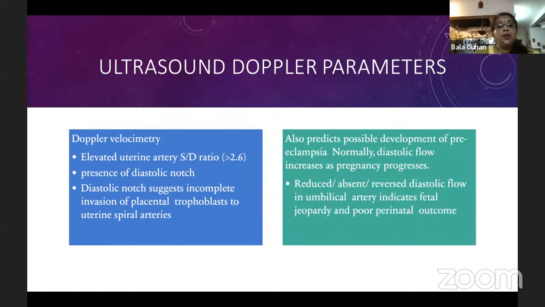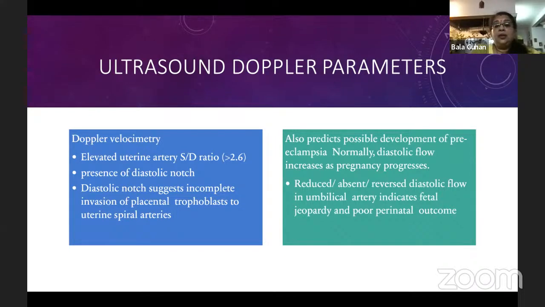By around 11 to 14 weeks, the trophoblastic invasion is complete, so as to allow proper placental flow and have low resistance blood flow in the placental tissue. So the diastolic notch is suggestive of incomplete invasion of the placental trophoblasts. Also predicts possible development of preeclampsia.